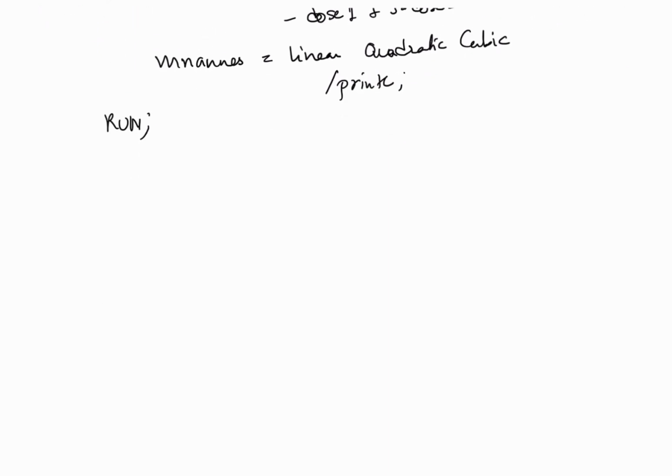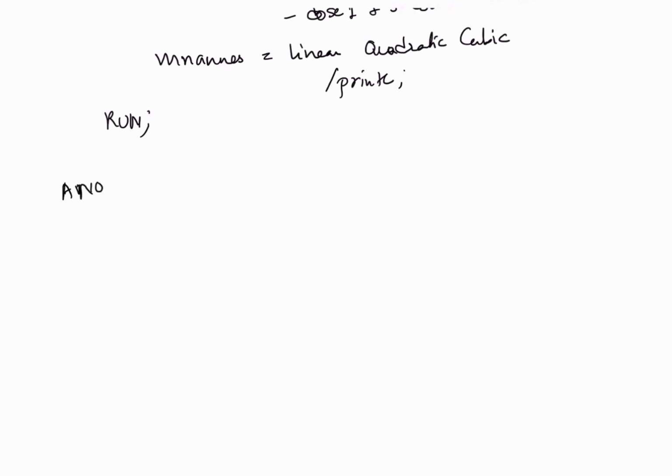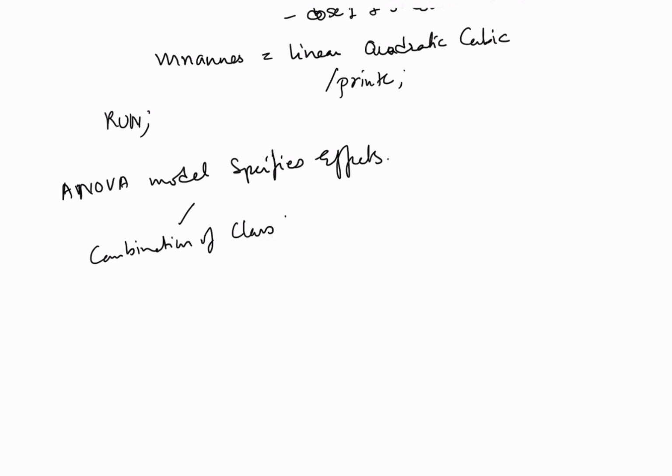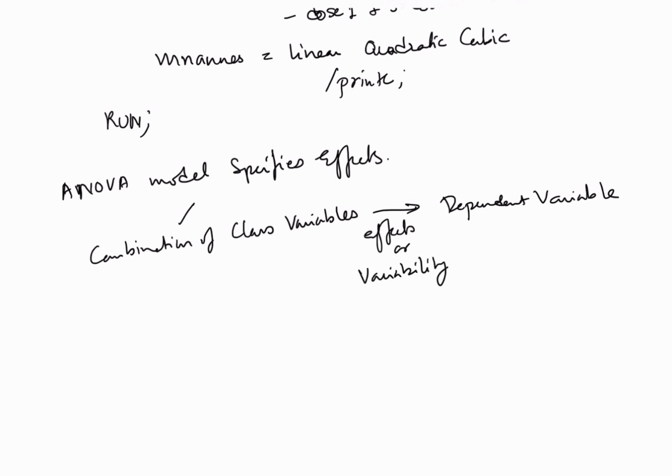So those are the things that you can think about. Basically, the ANOVA model specifies effects, which is nothing but a combination of class variables which has an effect on the dependent variable, right? And it has effects or variability, correct?